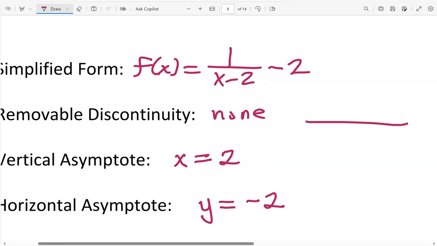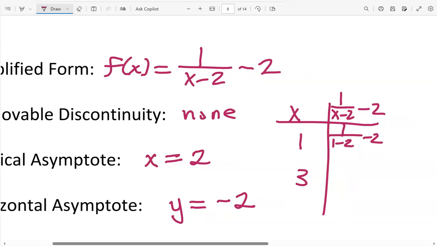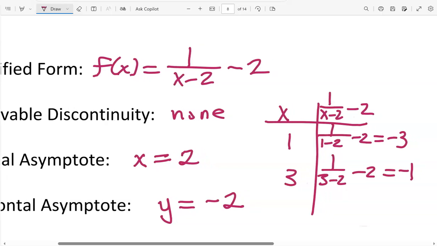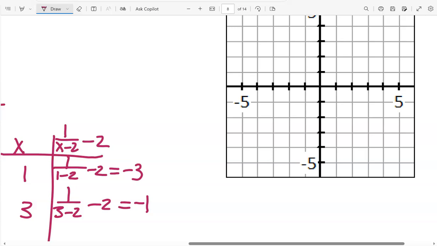And let's take our simplified form and replace x with values on either side of x equals 2, so 1 and 3. 1 over 1 minus 2 is negative 1 minus 2 or negative 3. 1 over 3 minus 2 is 1 minus 2, which is negative 1. So we have anchor points at 1 comma negative 3 and 3 comma negative 1.